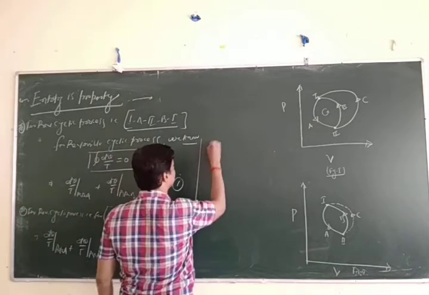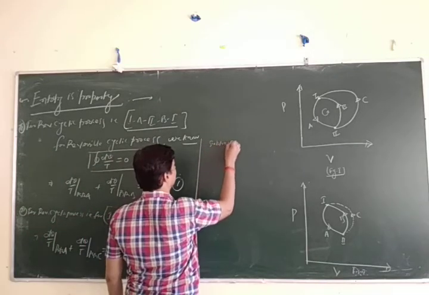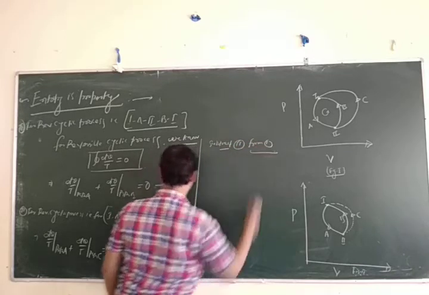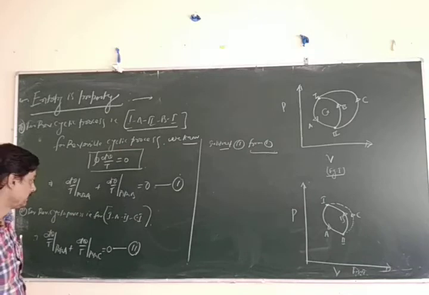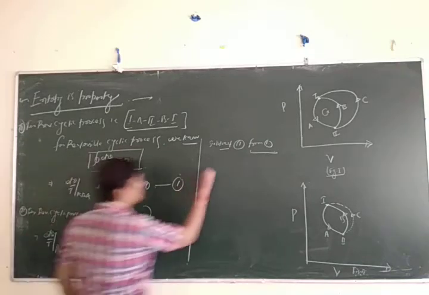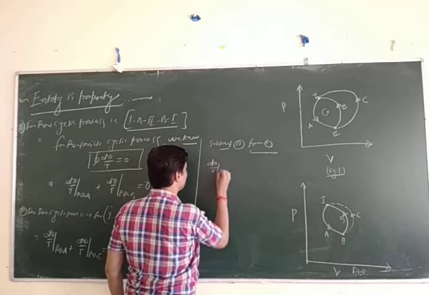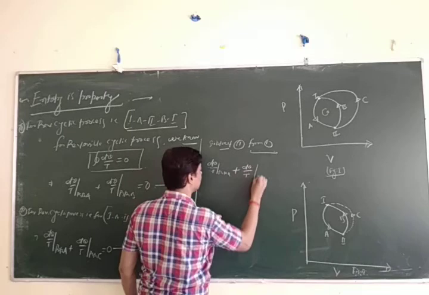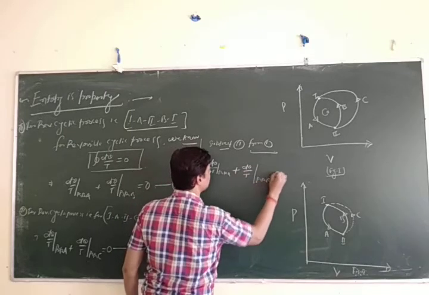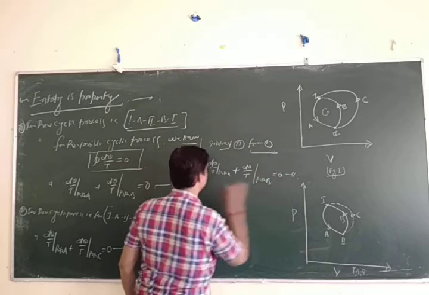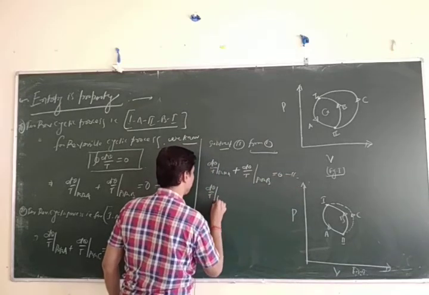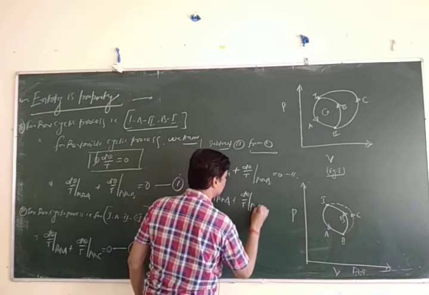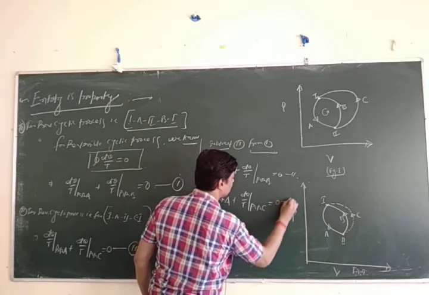Now subtract equation 2 from equation 1. dQ by T for path A plus dQ by T for path B is equal to 0, this is equation number 1, and dQ by T for path A plus dQ by T for path C is equal to 0, this is equation number 2.